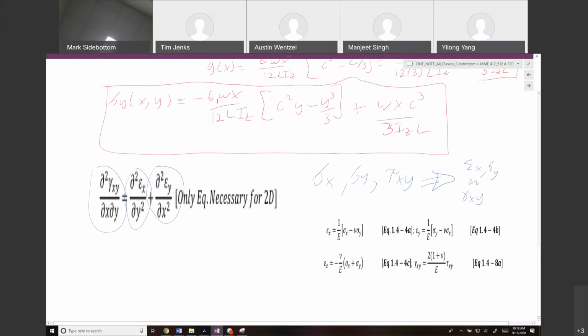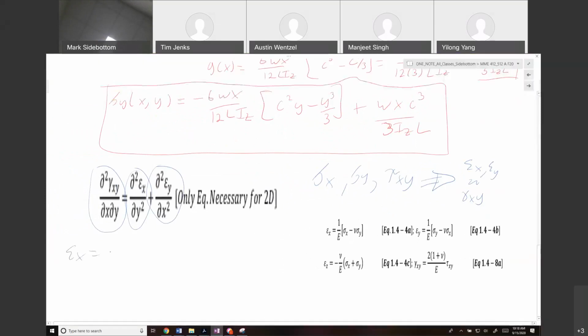If we do all that, for epsilon x we end up getting W over 6E IZ L times x cubed y plus a Poisson's ratio times x times 3c squared y minus y cubed plus 2c cubed.